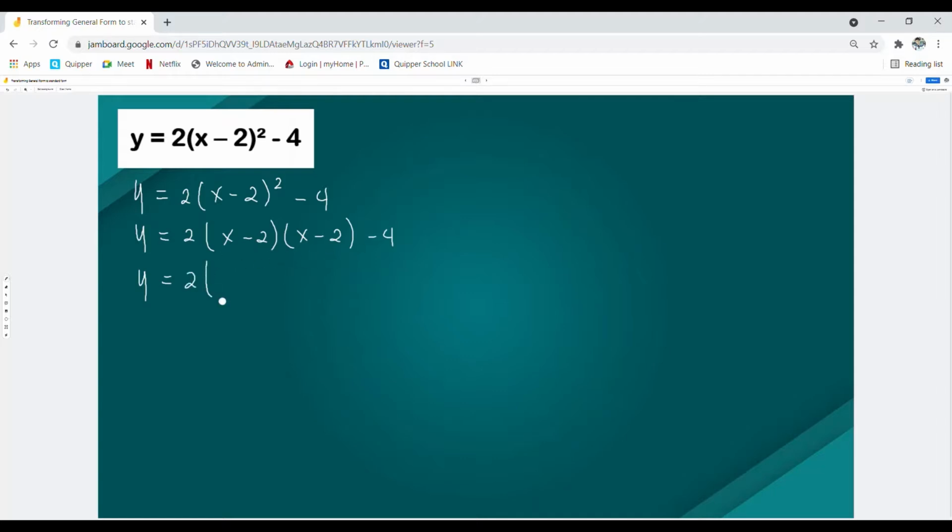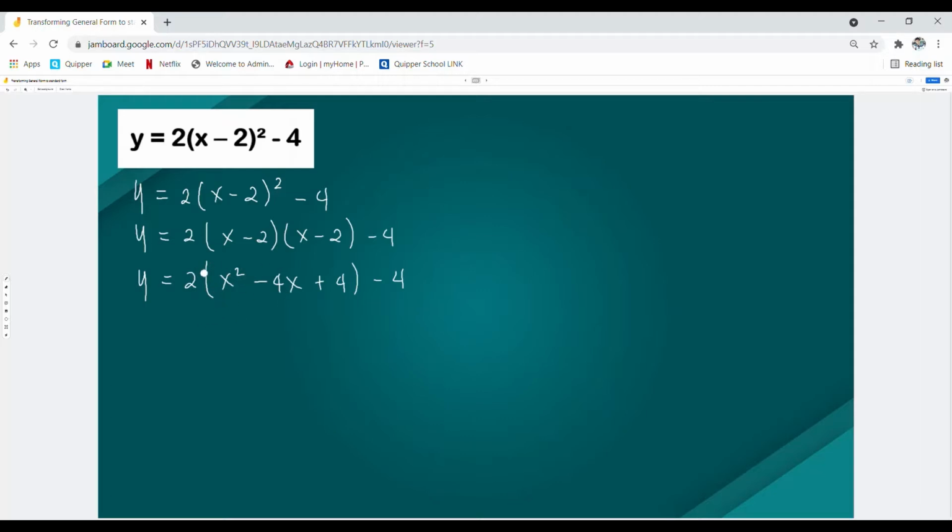So you have 2 times, this is the shortcut, x times x is x squared. And I have negative 2x, and I have negative 2x, so I have negative 4x. And then negative 2 times negative 2 is a positive 4. Minus 4. So what you will do is distribute the a inside.